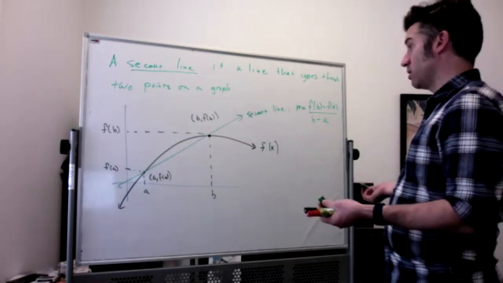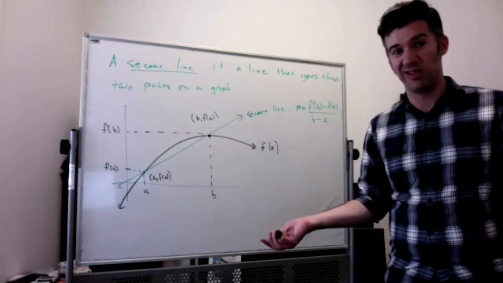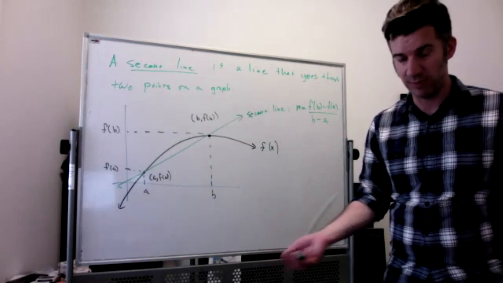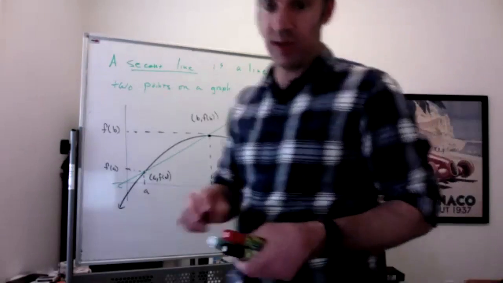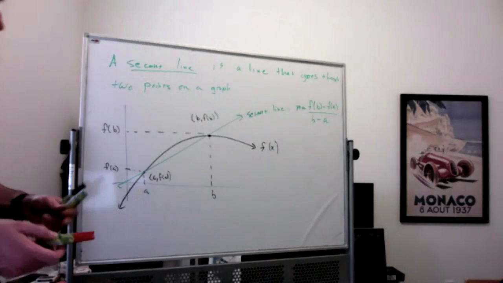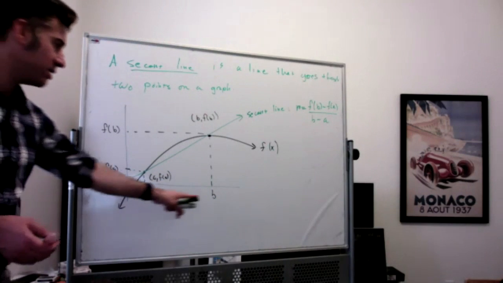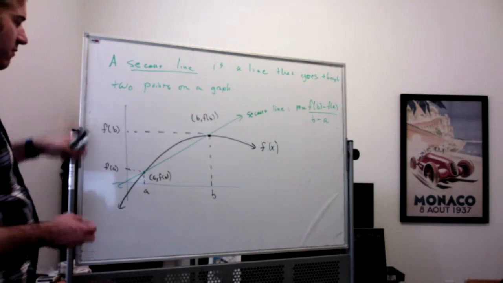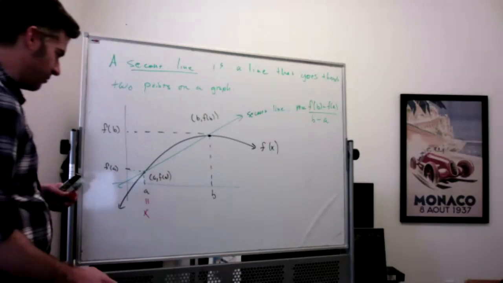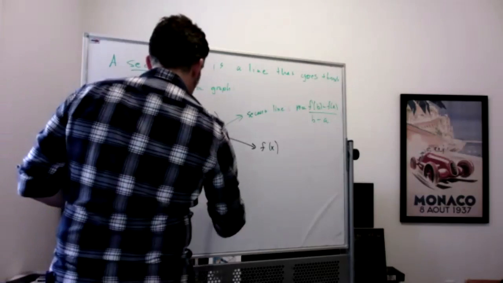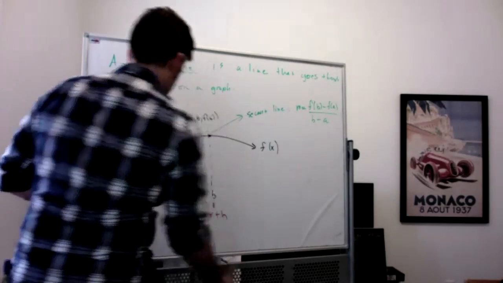The difference quotient of a function is really just the slope of a secant line of a function. However, we like to write it slightly differently. What we often do is give these things different names. Instead of calling this point A and this point B, and this f of A and this f of B, people like to call this x, and they like to call this x plus h.